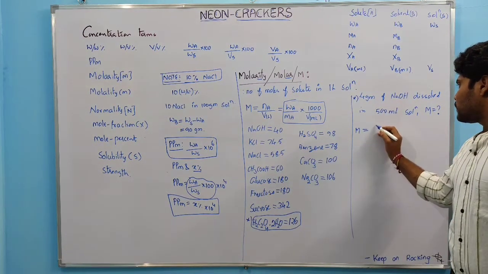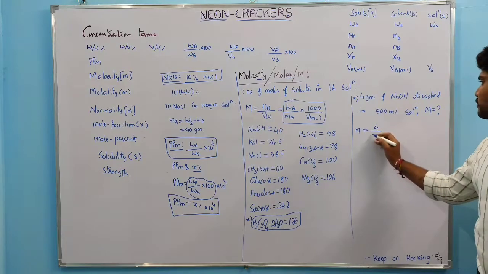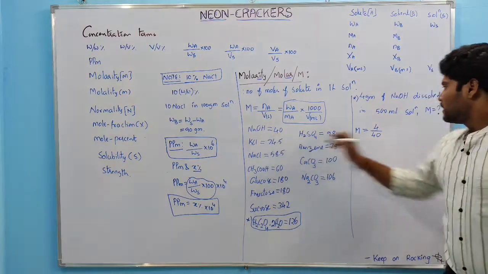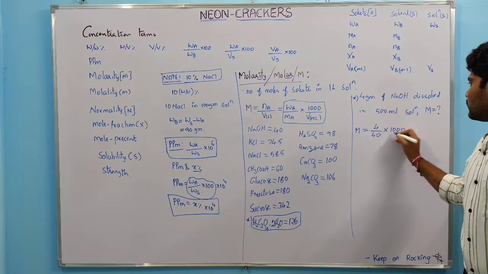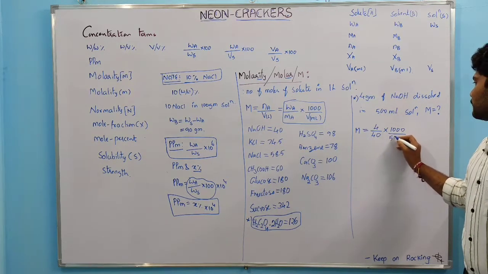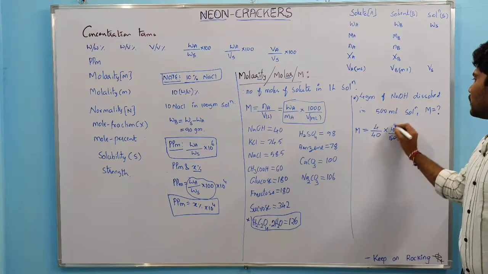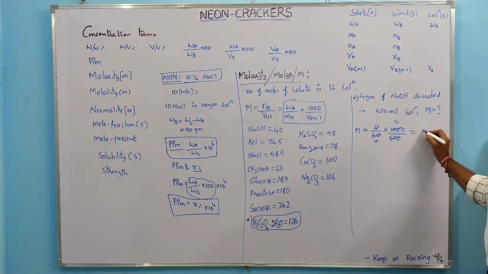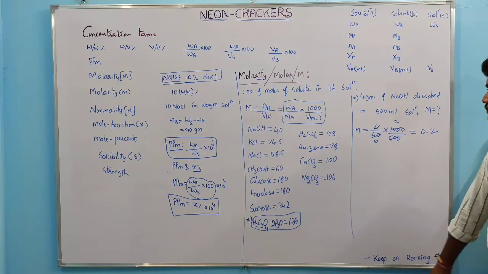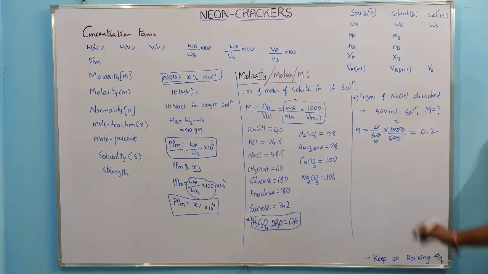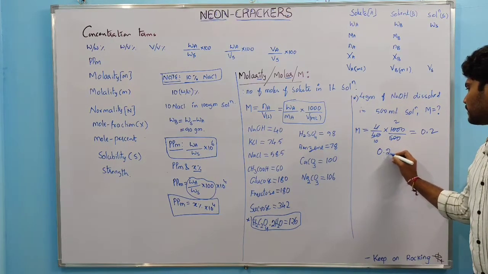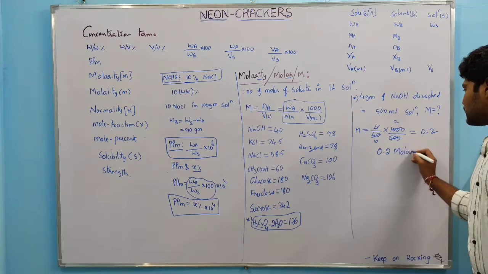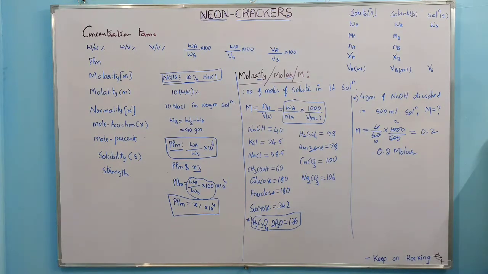Given mass of the NaOH is how much, beta? 4 grams. Next, NaOH molar mass is 40, into 1000 upon the given volume of the solution, 500. So what is the overall value? 0.2. This 0.2 is said to be what? Molar. What is the concentration of the given data? 0.2 molar. Okay beta. So the remaining concentration terms we'll discuss later.